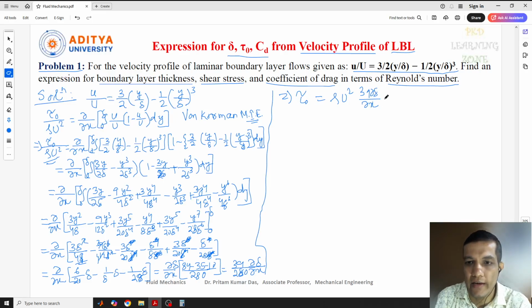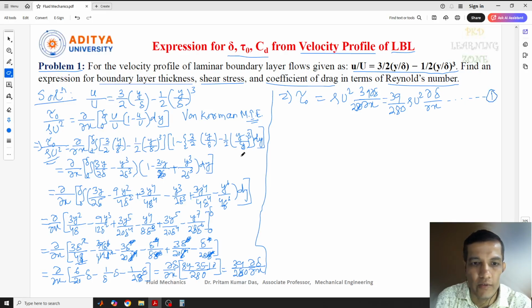So this one again we can write in terms of this now, and 39 by 280 is there. So again here 39 by 280, and this is rho u square and del delta by del x. This one you can call an equation. Previously we have not given any equation, let's call it equation 1.